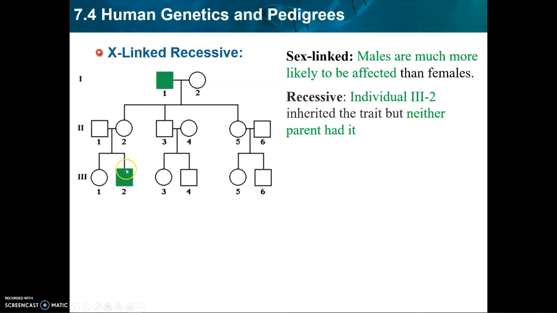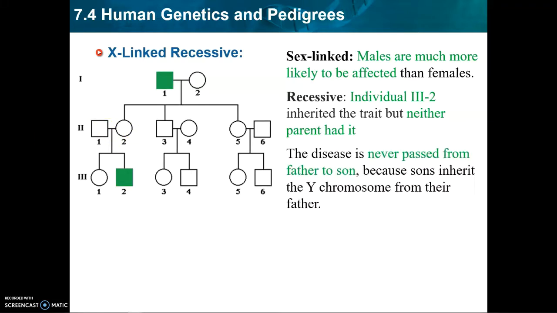So that's what's happening here. Individual 3-2 has inherited one recessive allele from the mother, and that is why he has the disorder, but neither parent did. Mom happened to be a carrier in this case. You're never going to see an X-linked recessive disease be passed from father to son, and that is simply a matter of the fact that fathers do not pass X chromosomes to their sons.